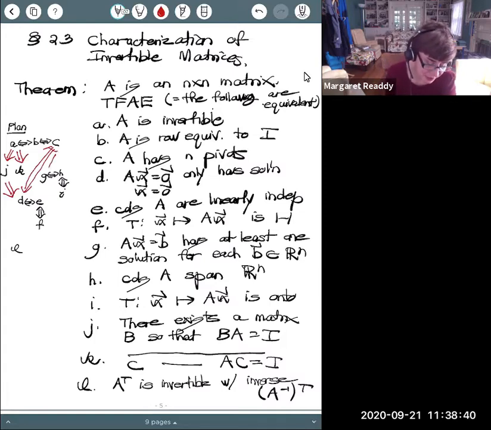At that point, A through J are going to be the same. And then we're going to show that L we can loop into there. So this is the plan.